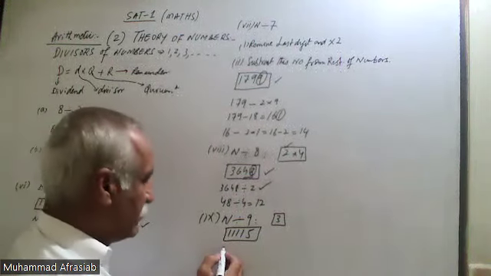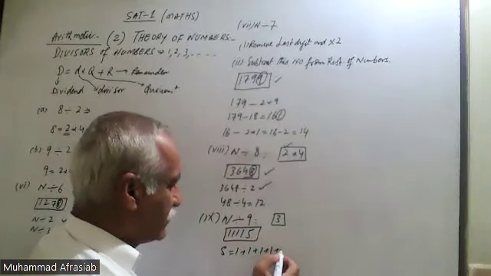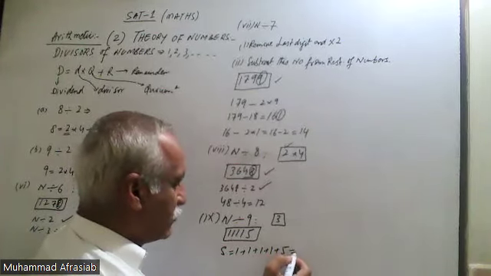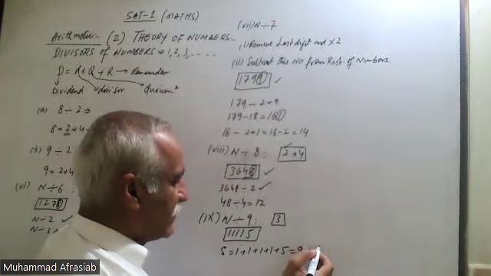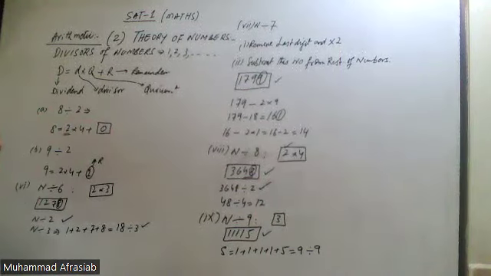Since the sum is 1 plus 1 plus 1 plus 1 plus 5, which is equal to 9, and 9 is divisible by 9, this whole number is also divisible by 9.